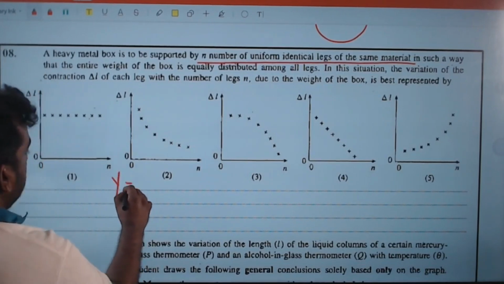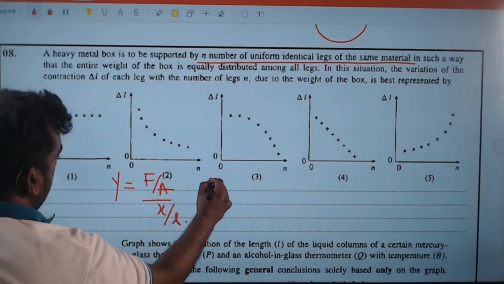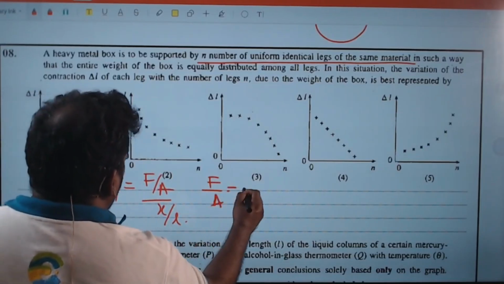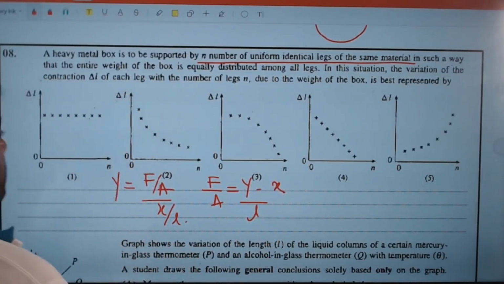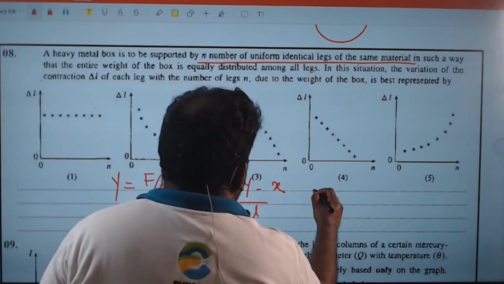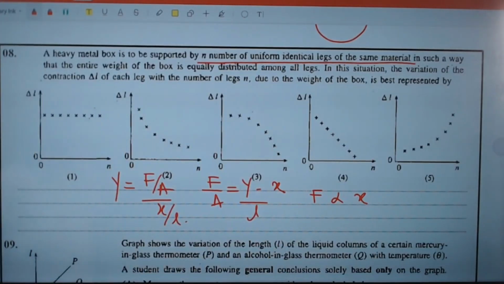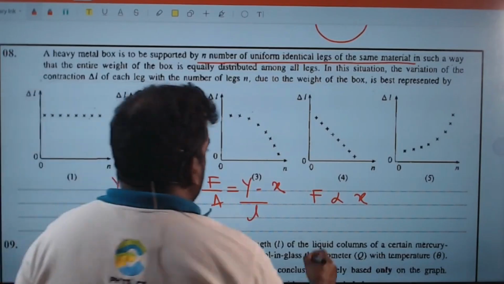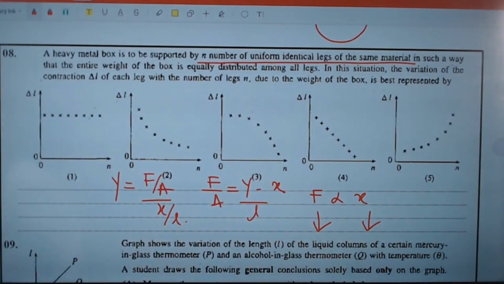Young's modulus is stress over strain. F over A, X over L. F proportional to X. Force will reduce, so contraction will reduce.